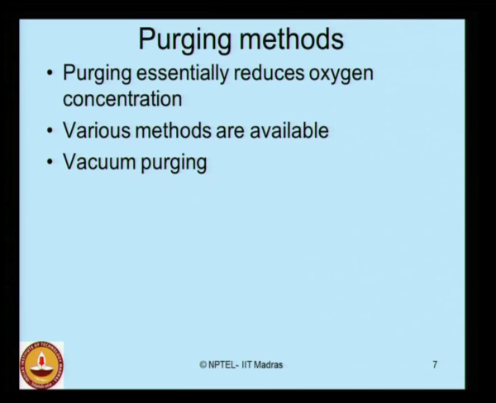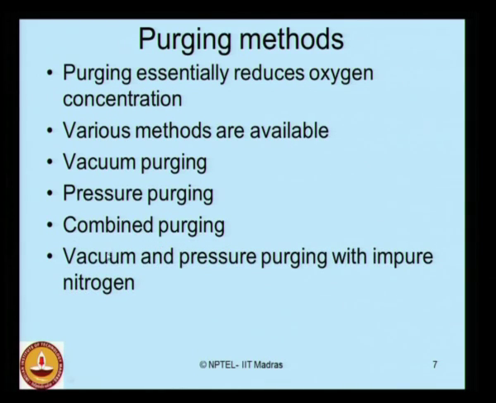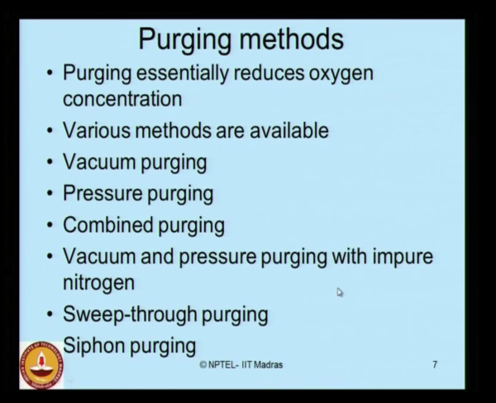We will name them one by one. The first one is vacuum purging. The second one is pressure purging. The third one is combined purging. The fourth one is vacuum and pressure purging with impure nitrogen, sweep-through purging, and siphon purging.